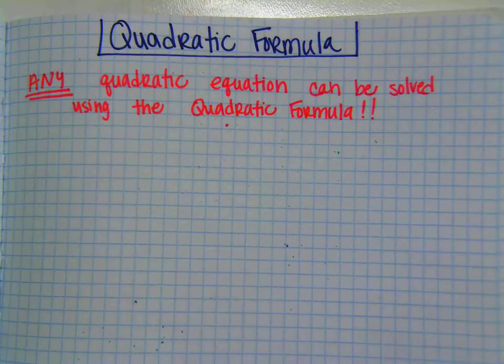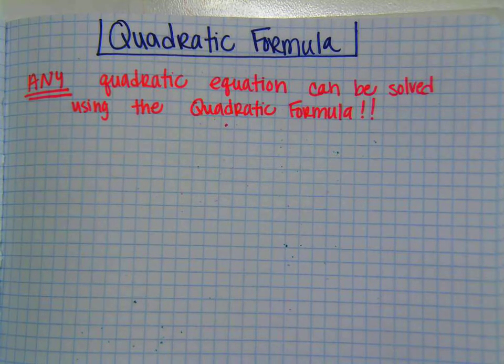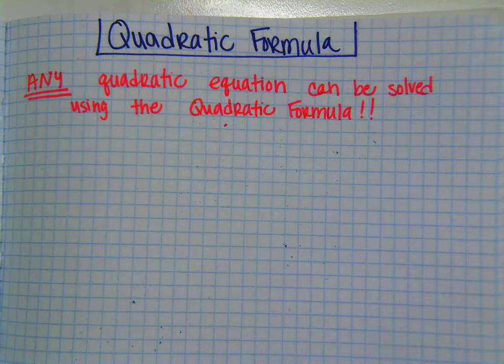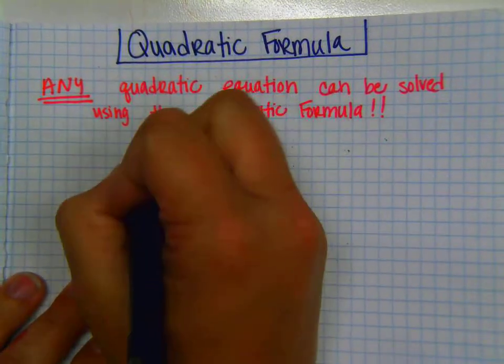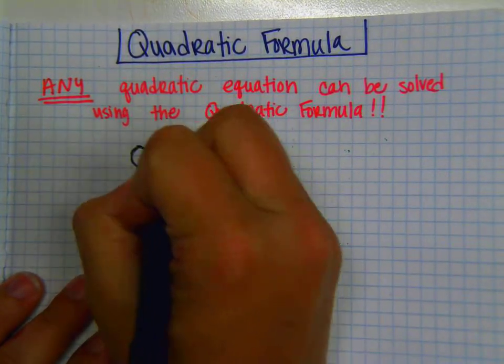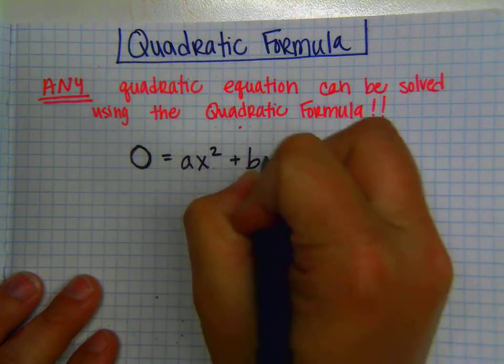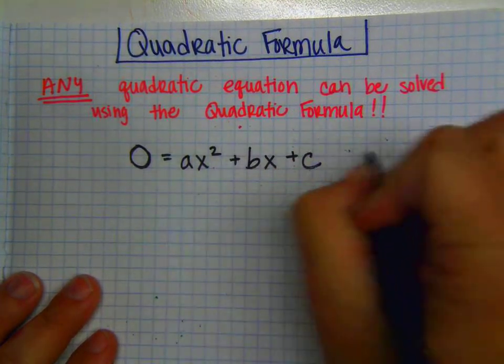Any. So even if something doesn't factor, we can still use the quadratic formula to solve. So the standard form of a quadratic is 0 equals ax squared plus bx plus c.